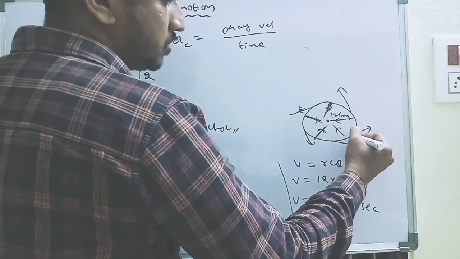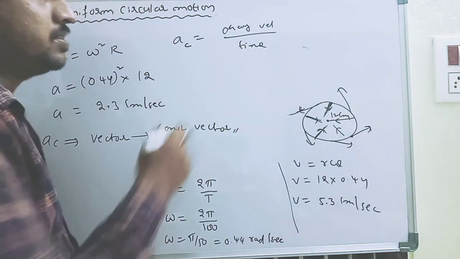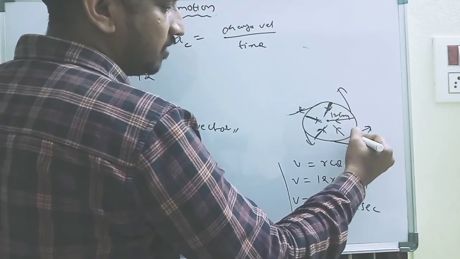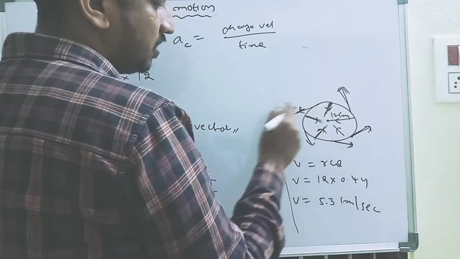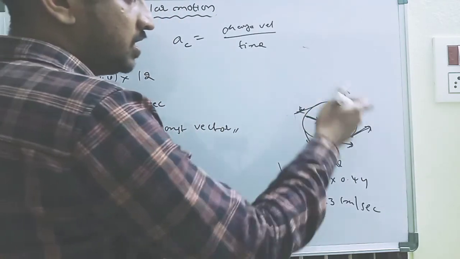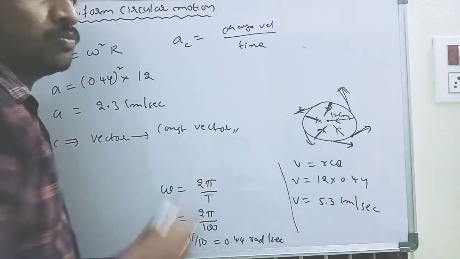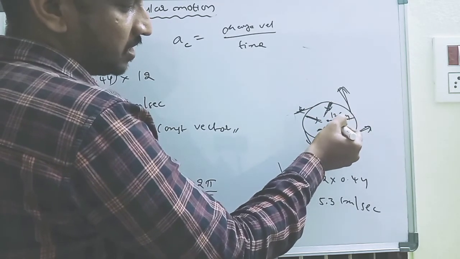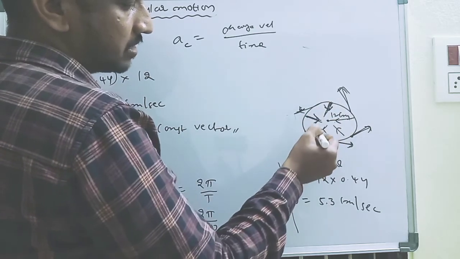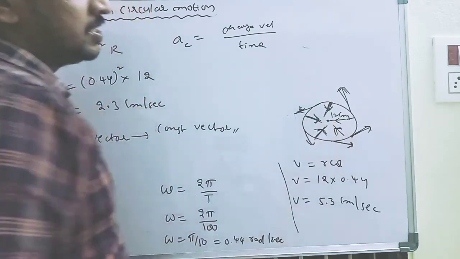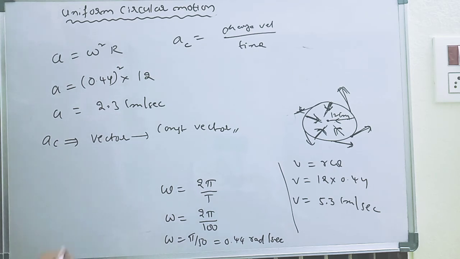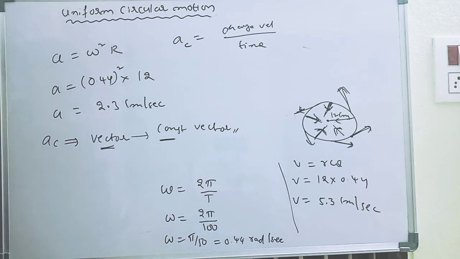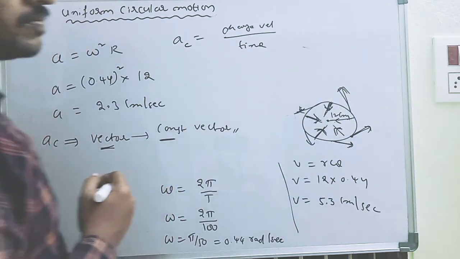Acceleration also changes because the velocity direction changes continuously in a circular motion. The direction of acceleration also changes. So therefore, the acceleration vector is not a constant vector. It is continuously changing.